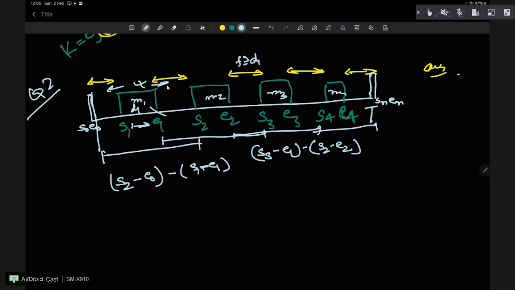Then only can we move this block and accommodate it here. Then our free time would be directly S2 minus E0, from here to here. So for every block, first, we will maintain one set.